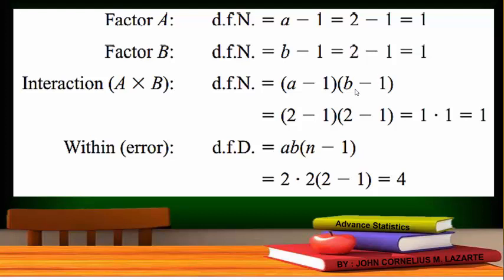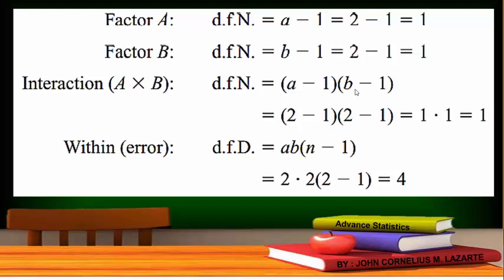Also for the degrees of freedom numerator, for the interaction A and B, the degrees of freedom numerator is equal to quantity A minus 1 times quantity B minus 1. Substituting the levels of factor A and B, we have 2 minus 1 times 2 minus 1 equals 1 times 1, which is equal to 1.